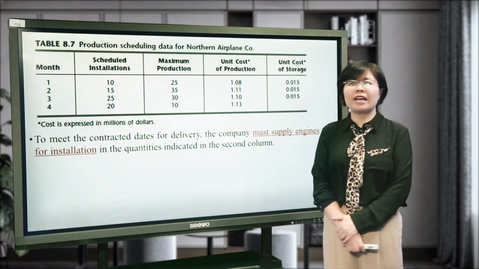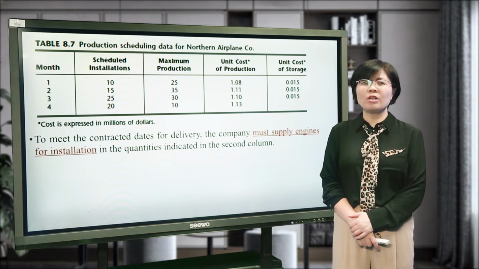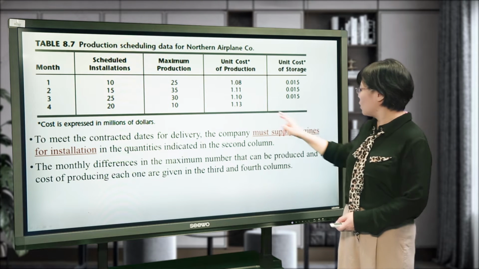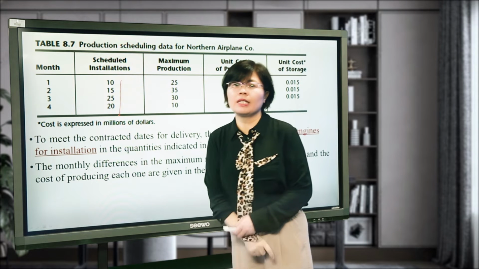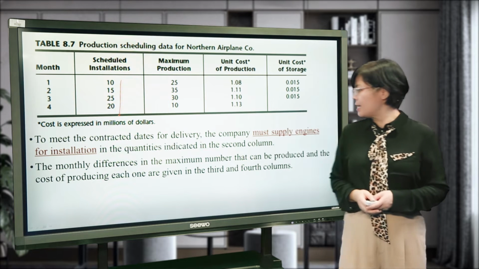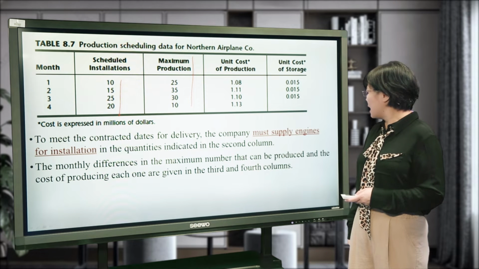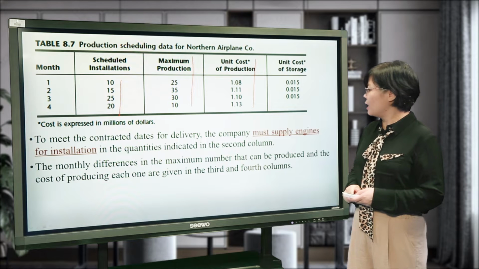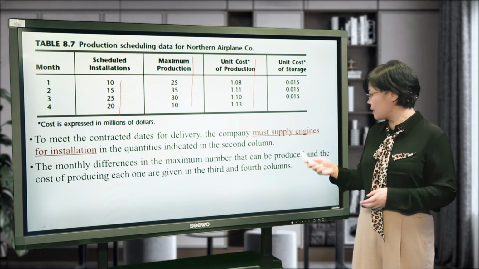To meet the contract dates for delivery, the company must supply engines for installation in the quantities in the second column. Yes, this column. The monthly differences in the maximum number that can be produced and the unit cost are given in the third and fourth columns.